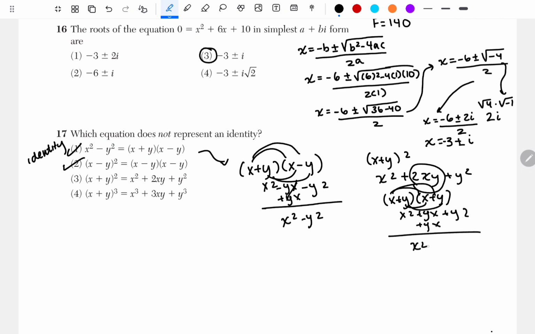So that would just be x squared plus 2xy plus y squared. Same thing. So we know answer choice 3 is an identity, and the only answer choice that fails is answer choice number 4. And so answer choice number 4 does not represent an identity. So this was just a process of elimination kind of question.